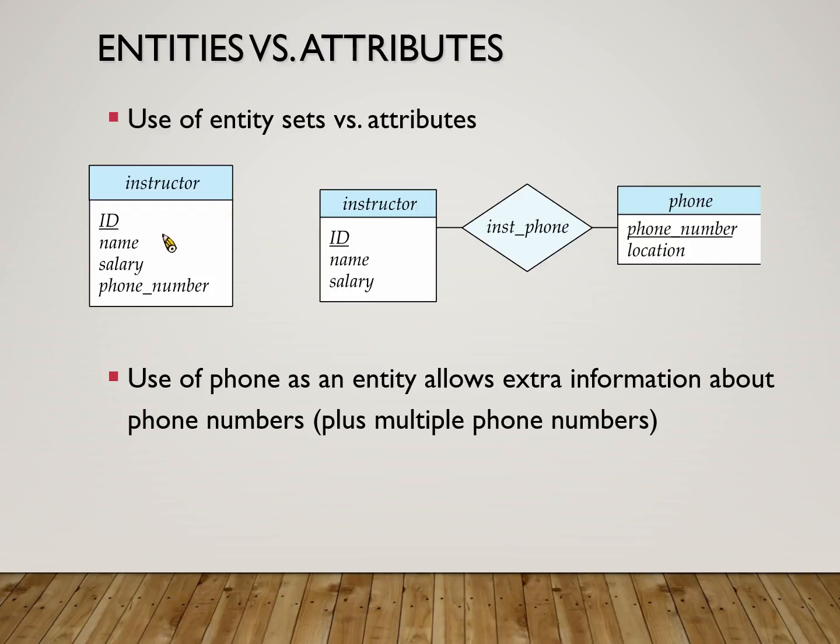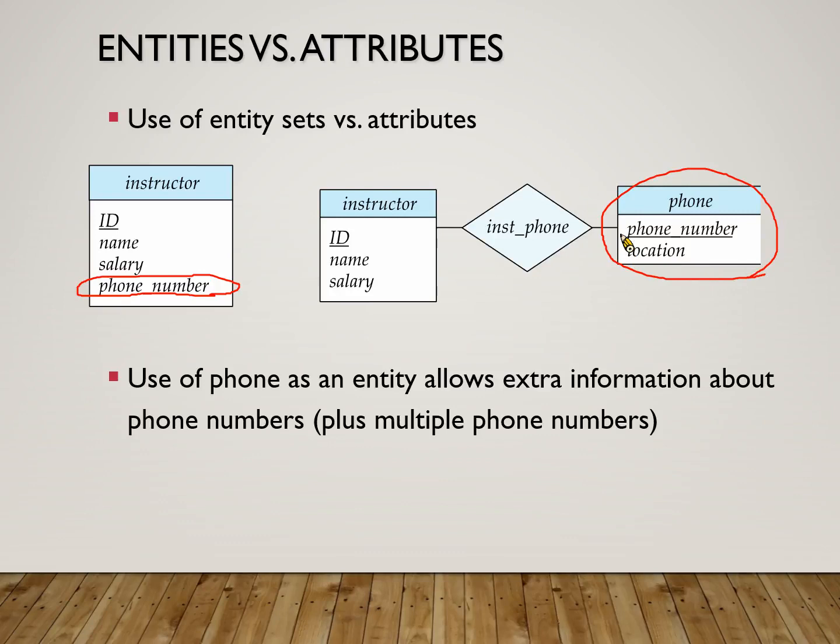The left one represents the entity set of instructors, which contains attributes ID, name, salary, and phone number. And here, phone number is just treated as part of the attributes, while the right one represents the same concept, but it separates the phone numbers to form a single entity set, phone.